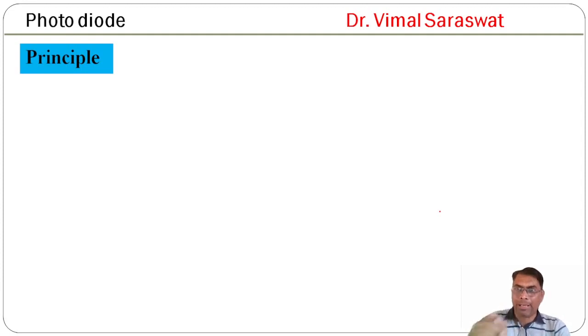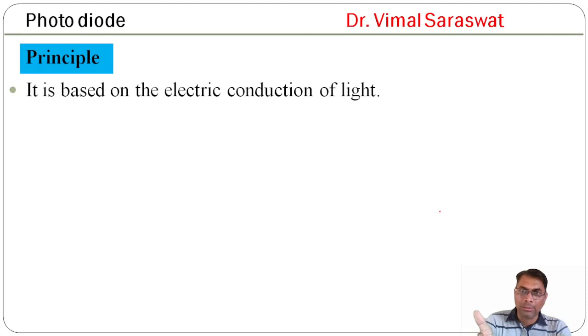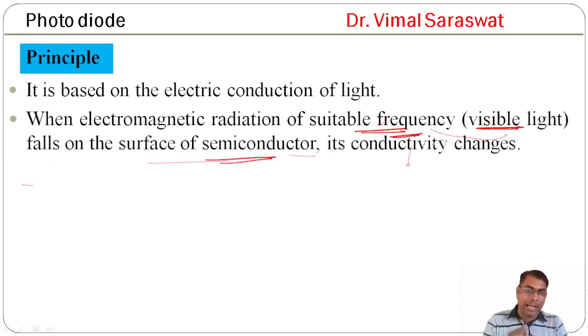Now, the principle of the photodiode. It is based on the electric conduction of light. When electromagnetic radiation of suitable frequency, and this frequency lies in the visible range, falls on the surface of a semiconductor, its conductivity changes.